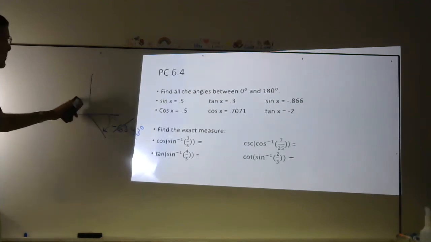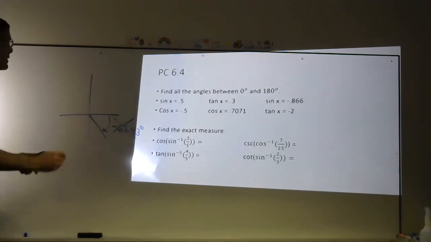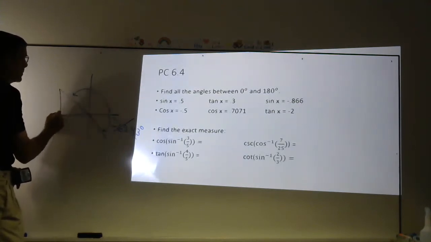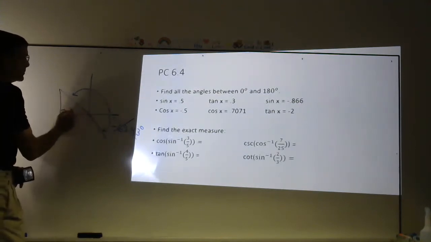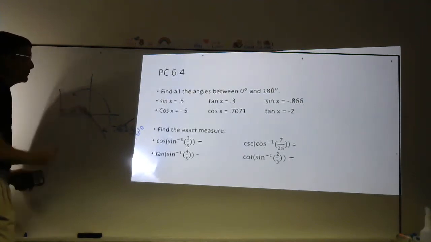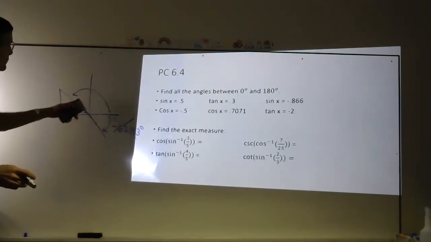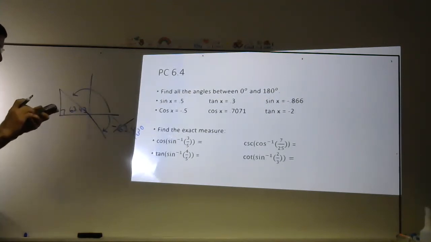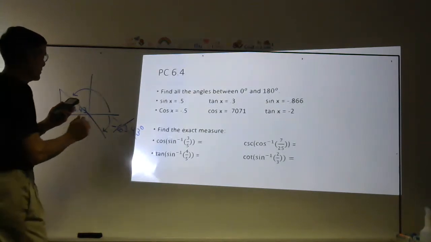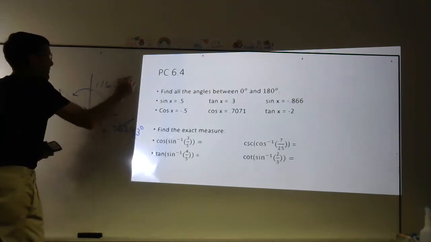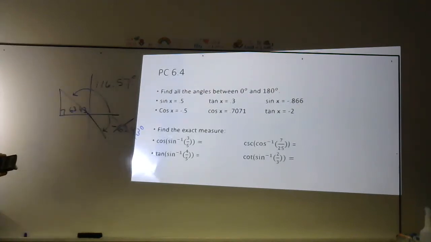But we do have to worry about where tangent is negative here. So if I come over here, because the directions say 0 to 180, I want this angle to be 63.43. What is this angle then? This is only the reference angle. What is that? It should be 116.57 degrees if you subtract that off of 180.